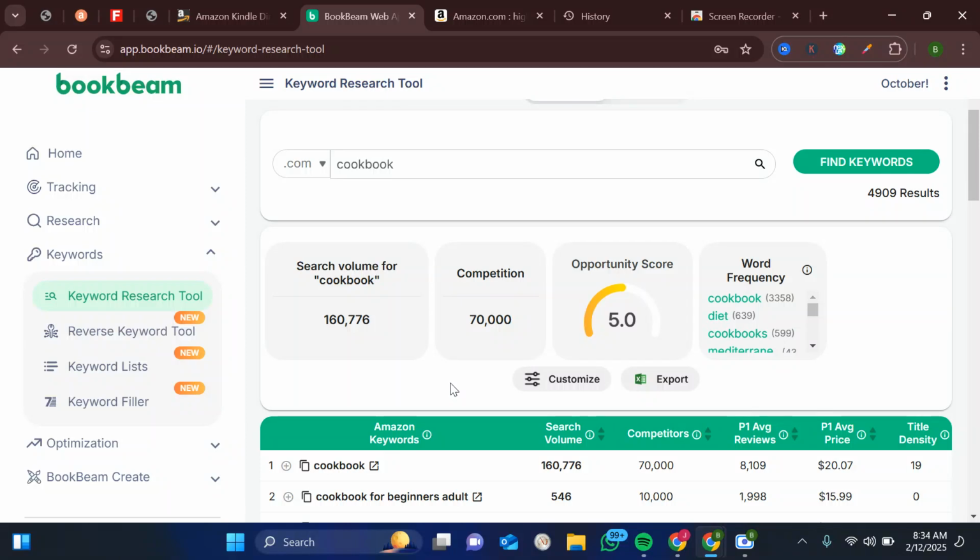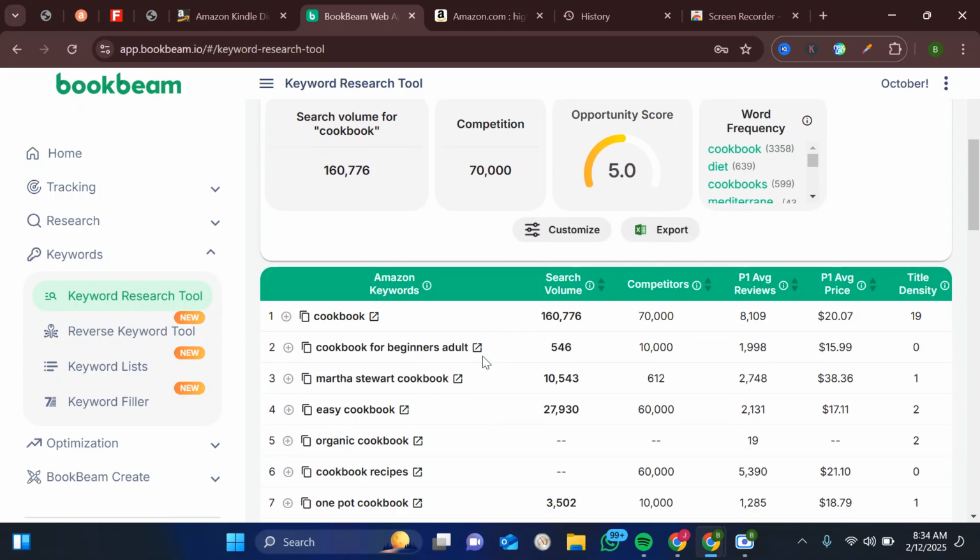When we click on find keywords, it shows me that I have over 160,000 search volume for just cookbook, and then there are over 70,000 competitors, and the opportunity score shows very high demand and high competition. But then we need to narrow down.